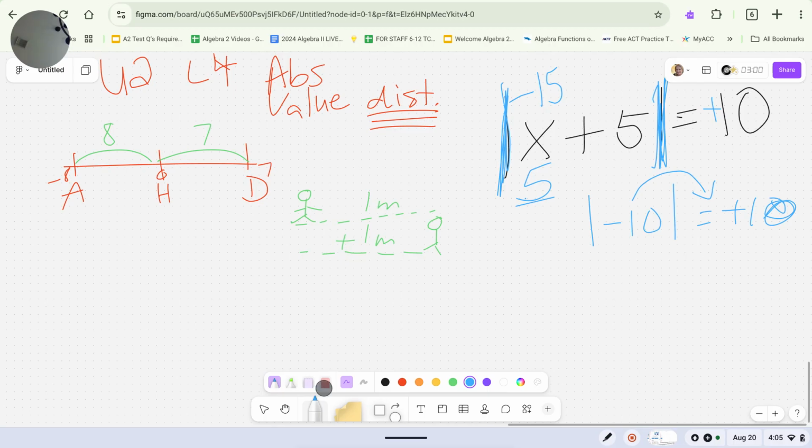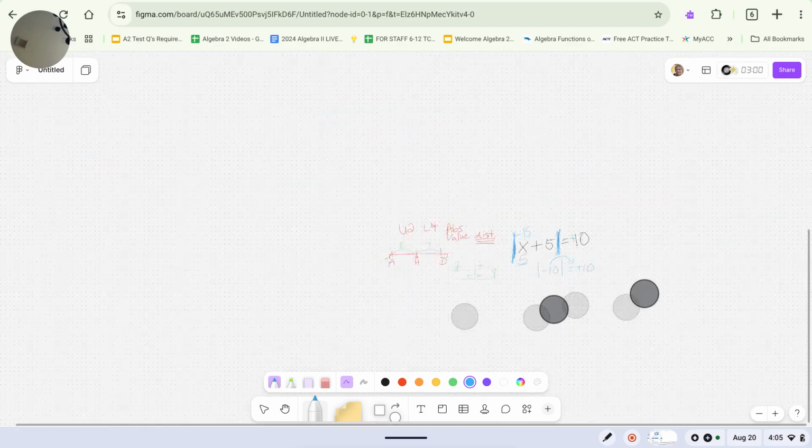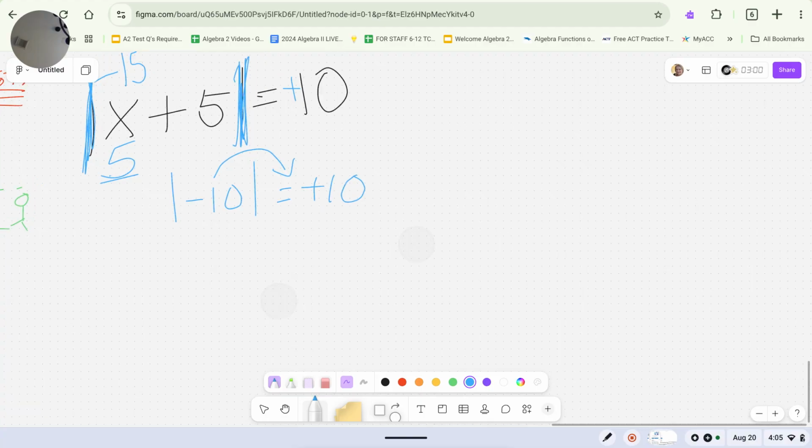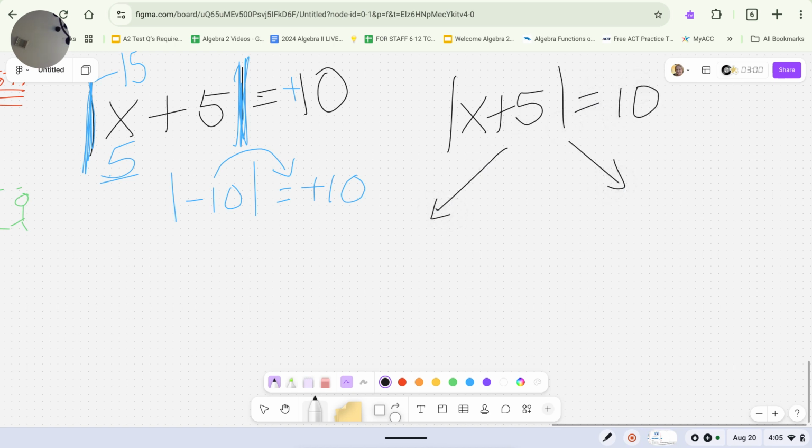So, you have to always have two answers when it comes to absolute value problems. That's why the way you structure it is like this. Let me move this over and show you. Here's my problem, the absolute value of x plus 5 equals 10. When I go to solve absolute value, I'm going to see what is it in the positive situation and what is it in the negative situation? So I'm going to say x plus 5 equals 10 and x plus 5 equals negative 10.